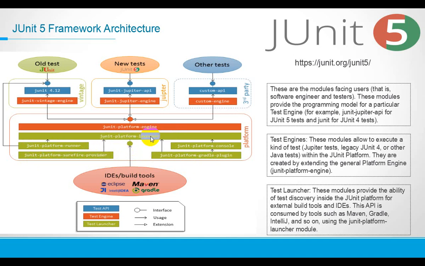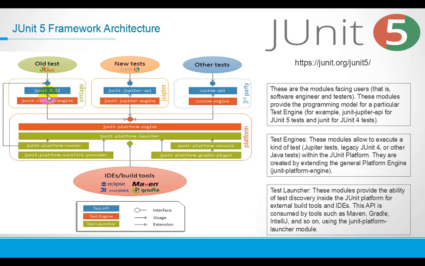The platform launcher will discover from the class path or module path, find and load the test engine. The test engine provides abstract APIs, and different types of test code will be executed by different engines.